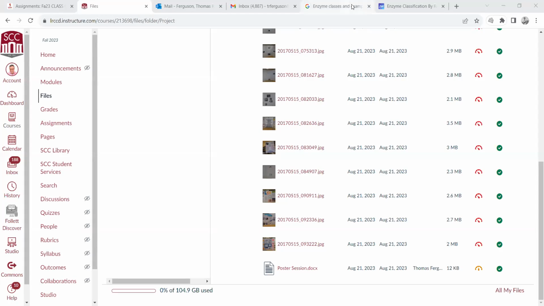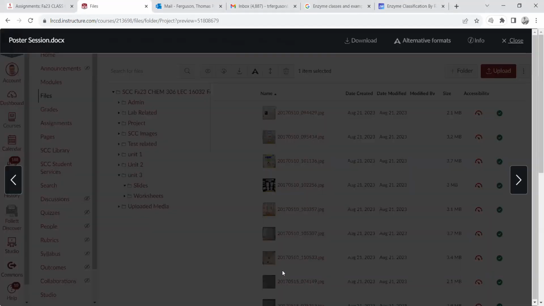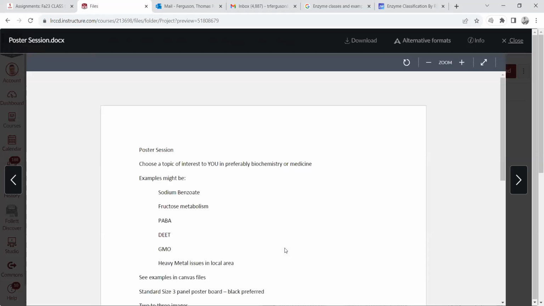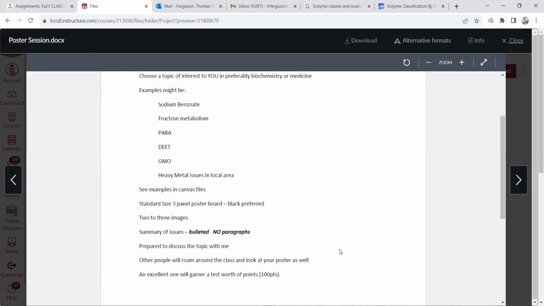I'll post a rubric, which is very simple. Yes, you can bring it Wednesday also.